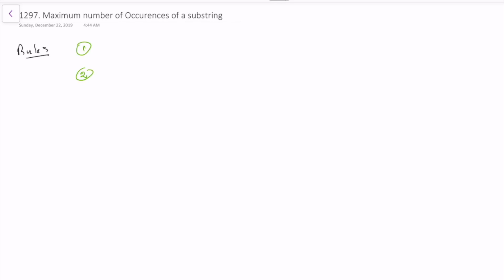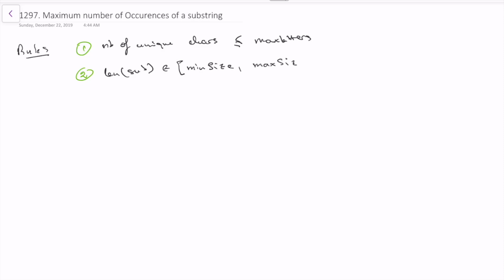The first one is that the number of unique characters should be less than or equal to max letters. And the second one is that the length of the substring should be in the range, inclusive, of min size and max size. So these are the rules that we have.